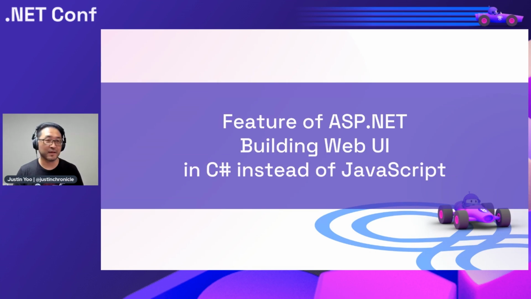The most important thing is that it's written in C#. So we use Blazor in C# instead of JavaScript. That sounds very interesting, doesn't it? Because we mostly use JavaScript for front-end application development. But now we can use C# for both front-end and back-end because of Blazor.